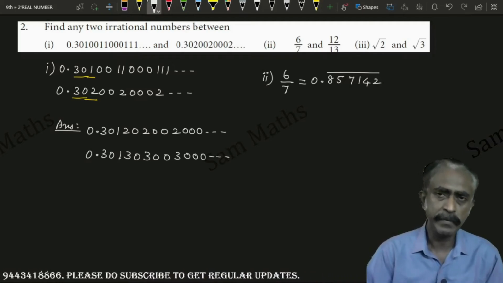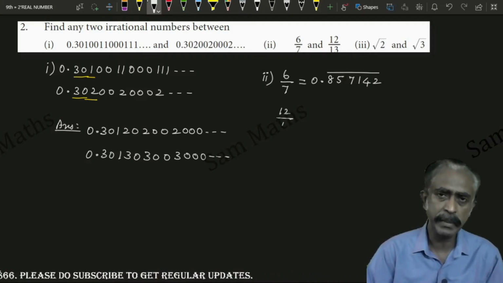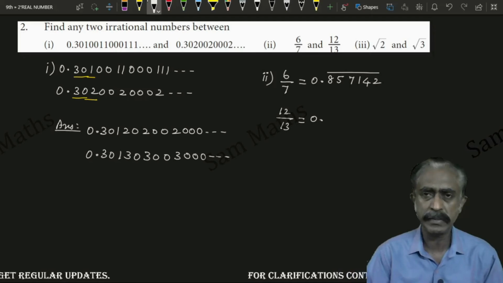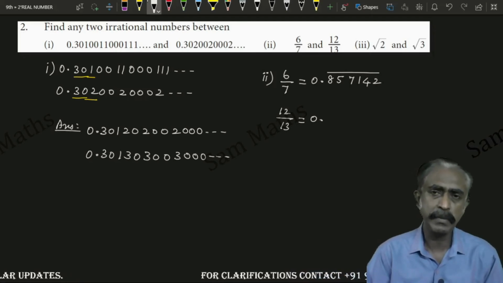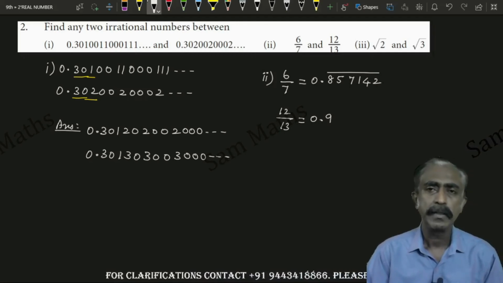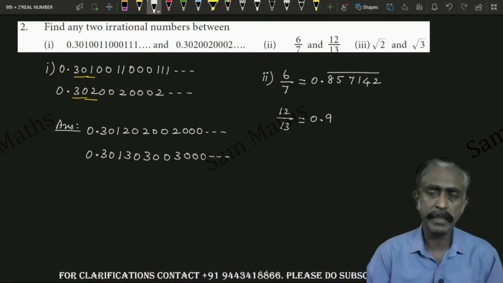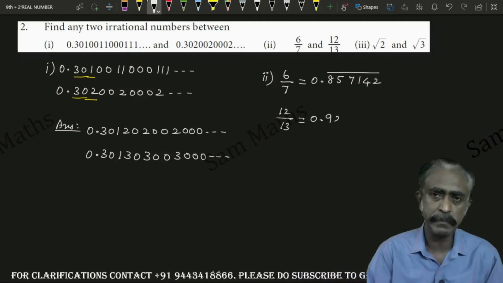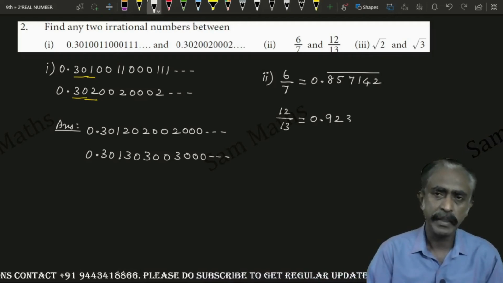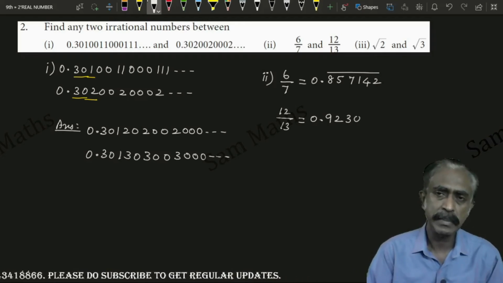Like that you have to divide 12 divided by 13, which is equal to 0 point. 12 you can't divide by 13 directly, so it's 0 times. So I can put one more 0. 13 nines are 117. So 3 balance, so 30 2 times. So 4 balance 40 3 times. 39, 1 balance. So it's 0.